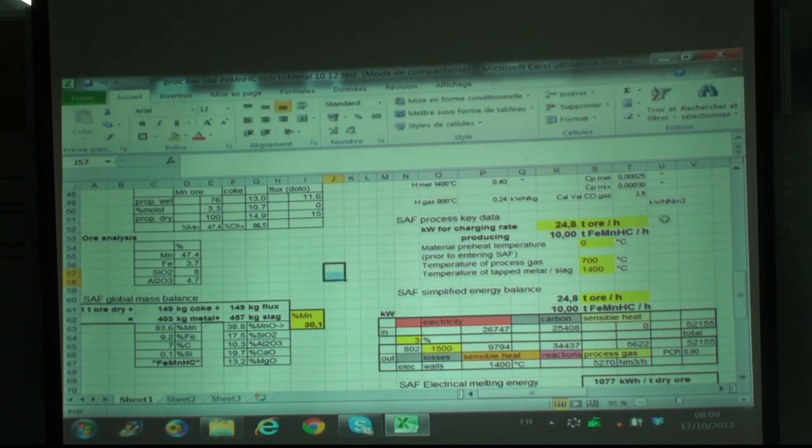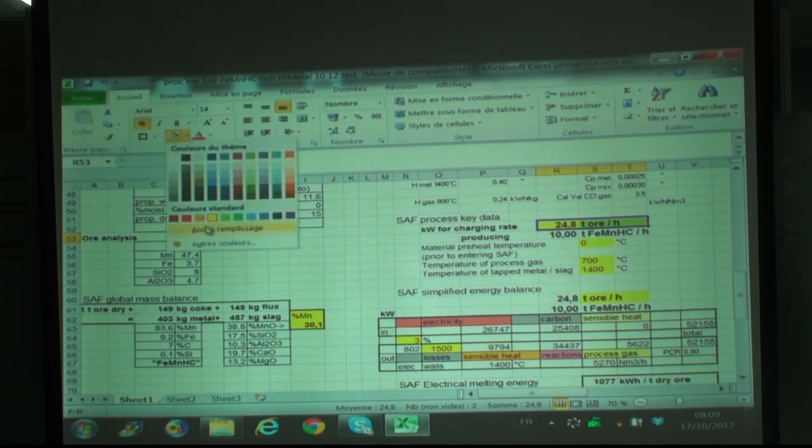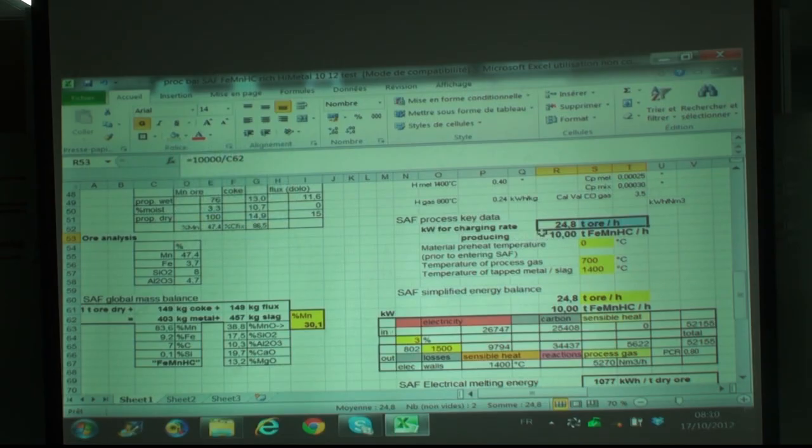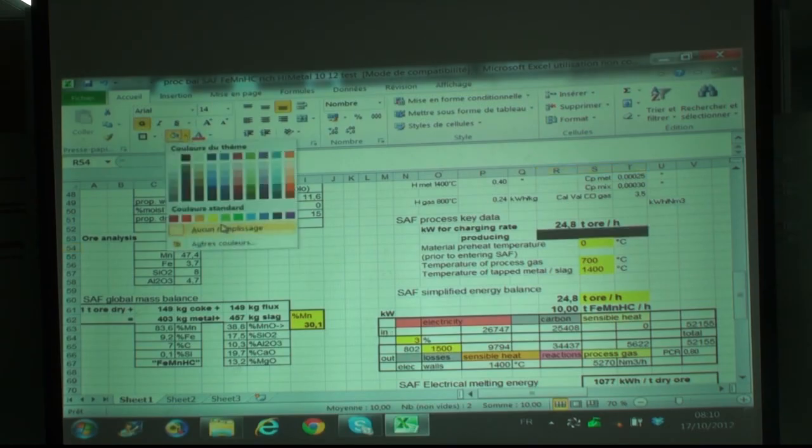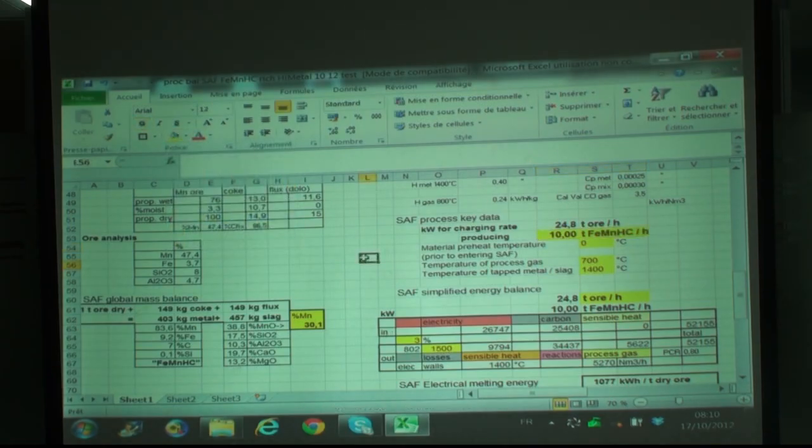And actually, what is not good here is the input is not that one. This should have no color, and the value input is this one. This is what is input data.